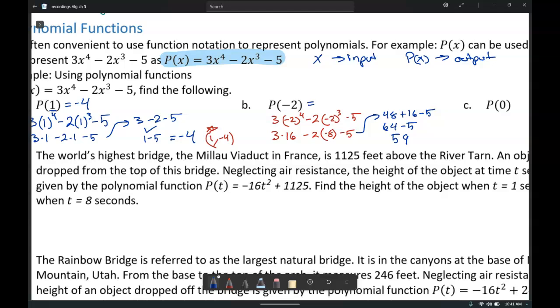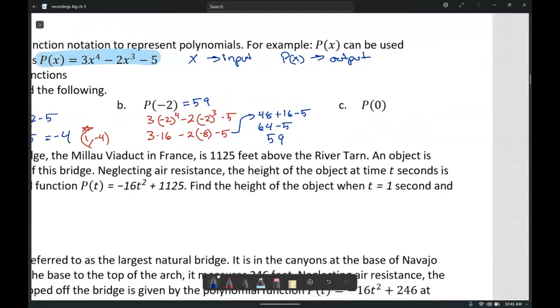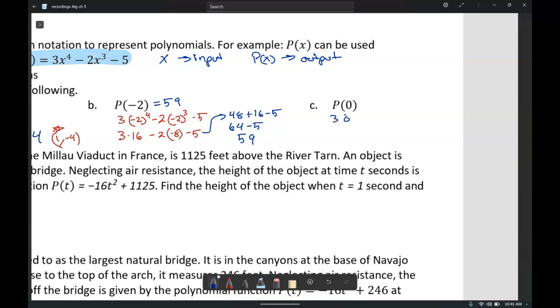So we have p of negative 2 equals 59. And then we can do p of 0. Three times 0 minus 2 times 0 minus 5 equals negative 5.